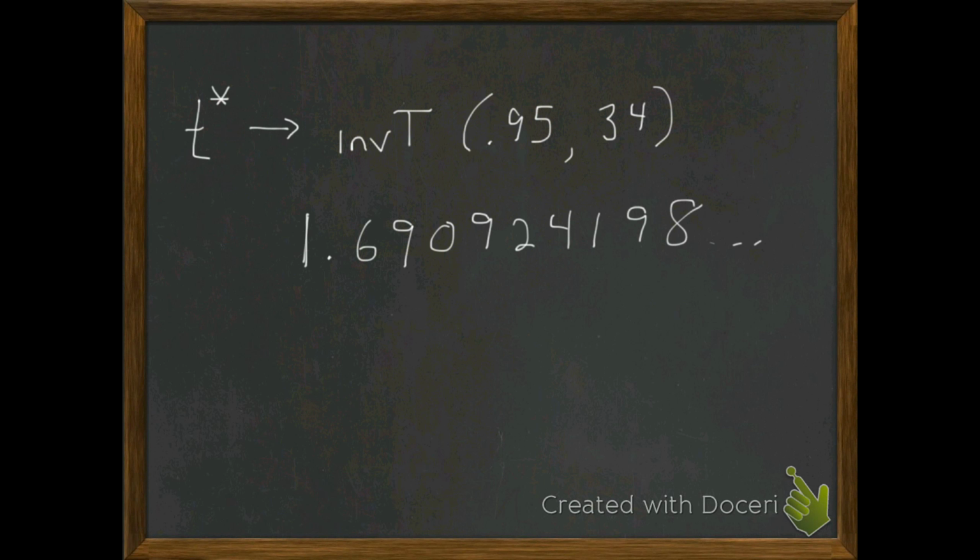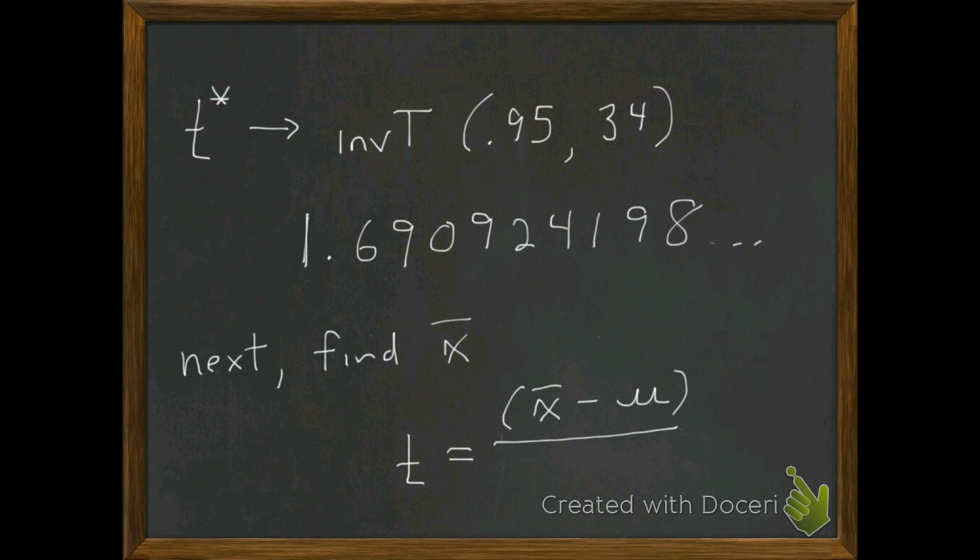Now, the next thing I need to do is find the sample mean that corresponds to this. Well, gang, I know that my t critical, or a t-score if you will, can always be found by taking x bar minus mu over the standard deviation divided by the square root of n.